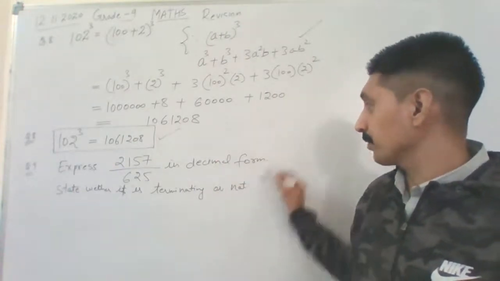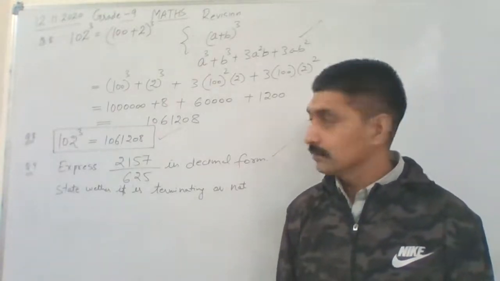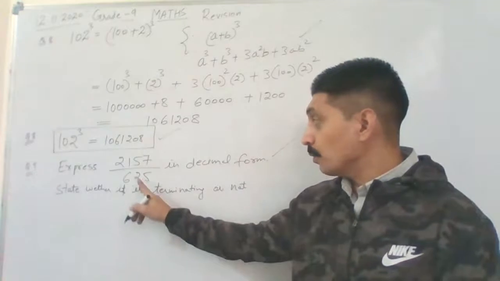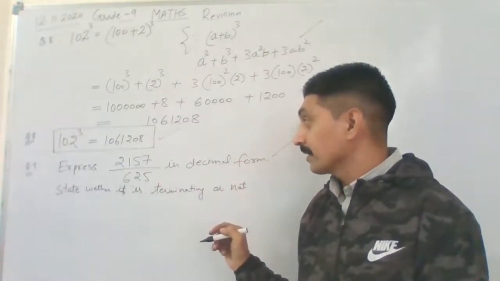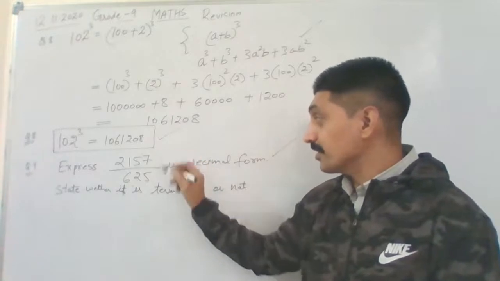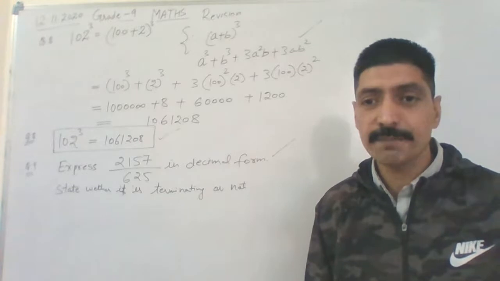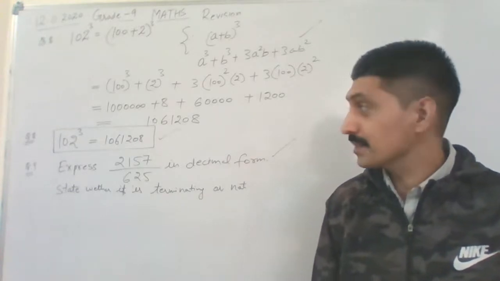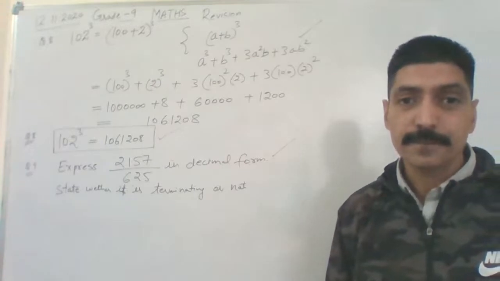Question number 9 is important. It is a very simple question based on your chapter number 1. Express it, and second, the important part, whether it is terminating or non-terminating. If you go for the division, it will be difficult. You have to apply the rule, the property we have discussed, which is easy.